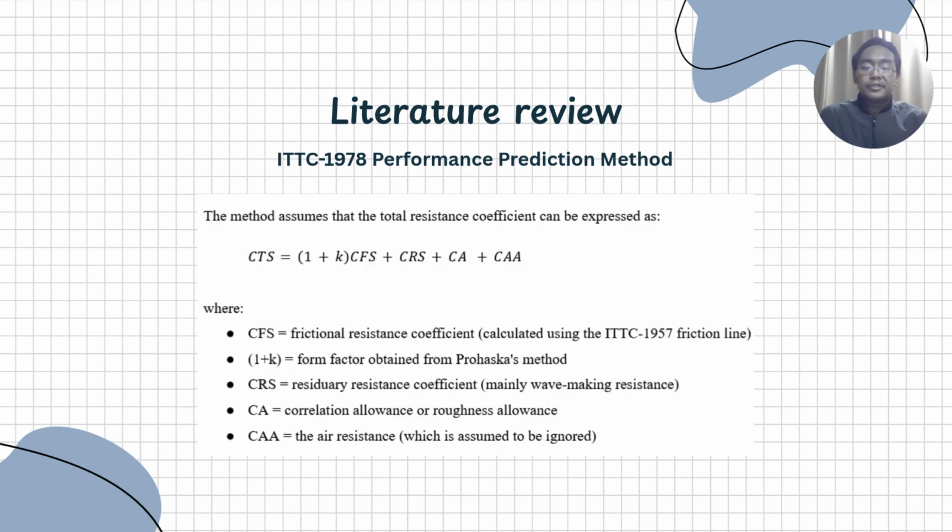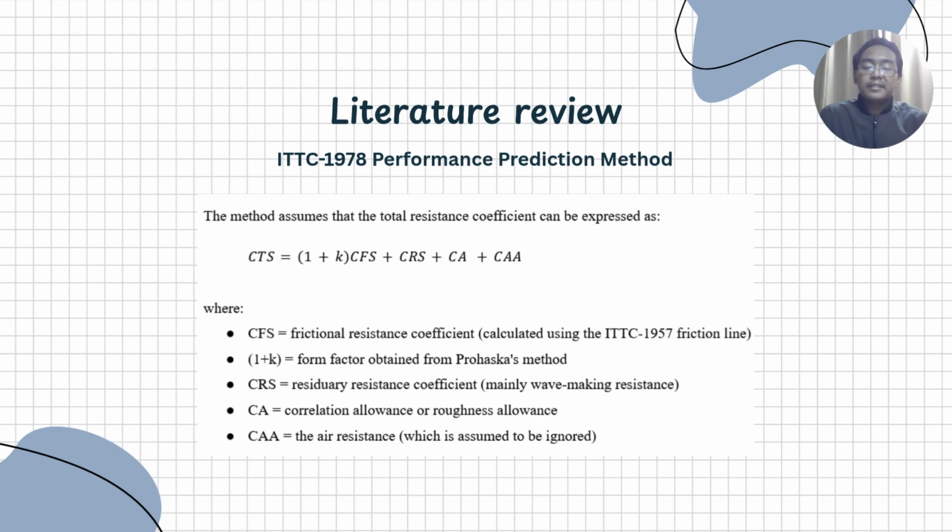The method assumes that the total resistance coefficient can be expressed as CTS equals 1 plus K multiplied by CFS, plus CRS, plus CA, plus CAA, where CFS is the frictional resistance coefficient calculated using the ITTC 1957 friction line.